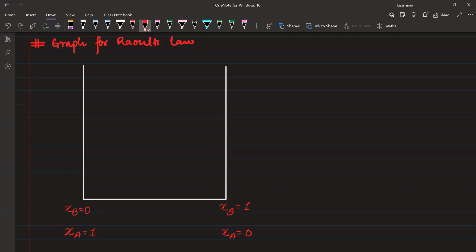Listen carefully. Now this particular line here, if I say this is the pressure, here we are going to denote the pressure. Now tell me, at this point chi-B is equal to 0, there is no solute molecule. Make sense? Okay. That means whatever pressure there will be, it will be because of what is present.